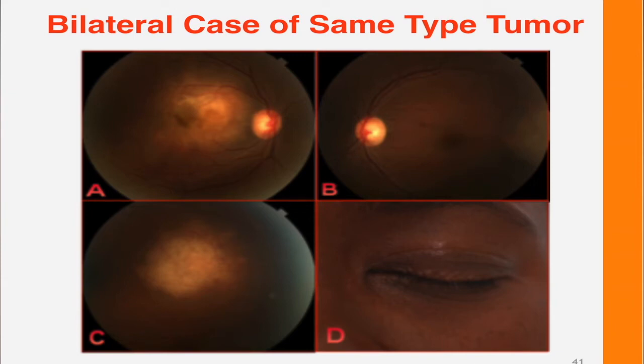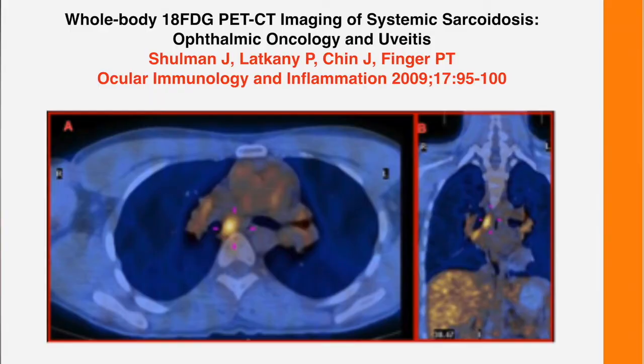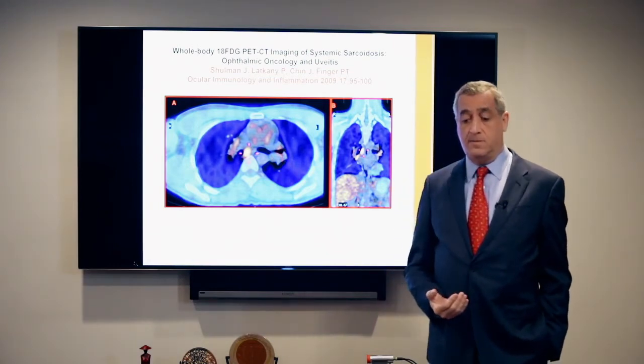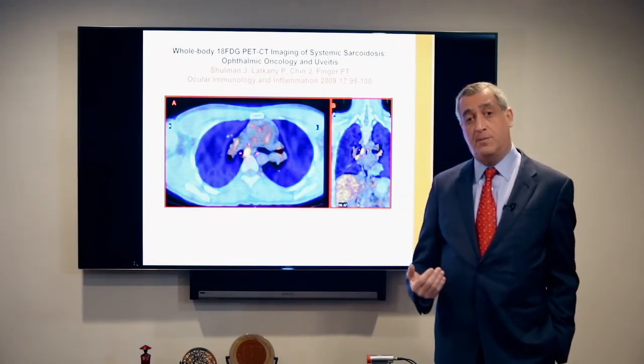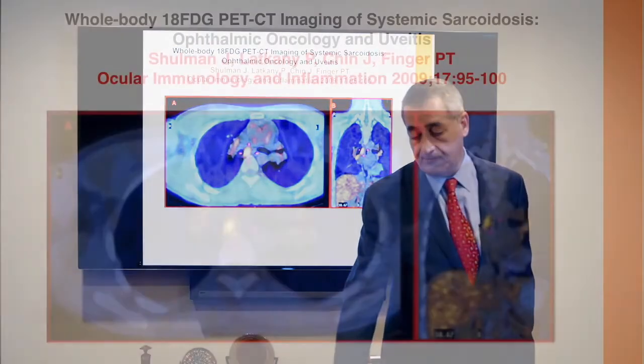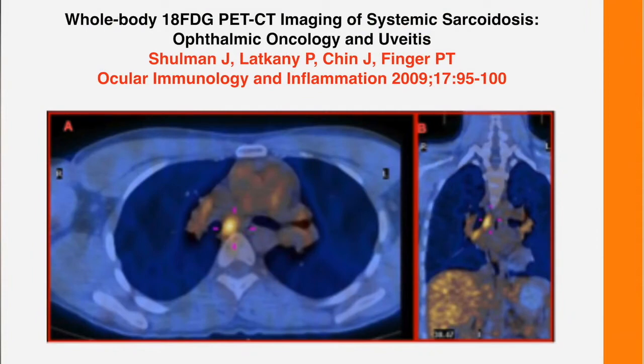So we did a PET-CT on those patients. And what did we find? They had sarcoidosis. So sometimes even a diagnosis of a benign condition can be helpful in differentiating a metastatic lesion from something else. This work was published by Dr. Schulman and myself.